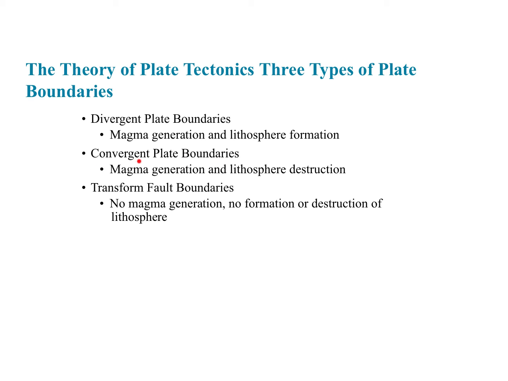Convergent means converging or coming together. And here again we have magma generation, but we have lithosphere destruction. And so we have either the creation of new lithosphere or the destruction of lithosphere. And then there's another type called a transform fault boundary. Here we have no magma generation and no formation or destruction of the lithosphere.